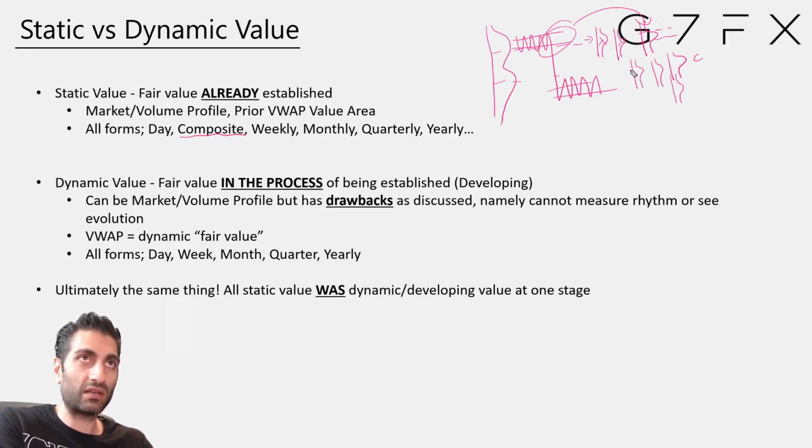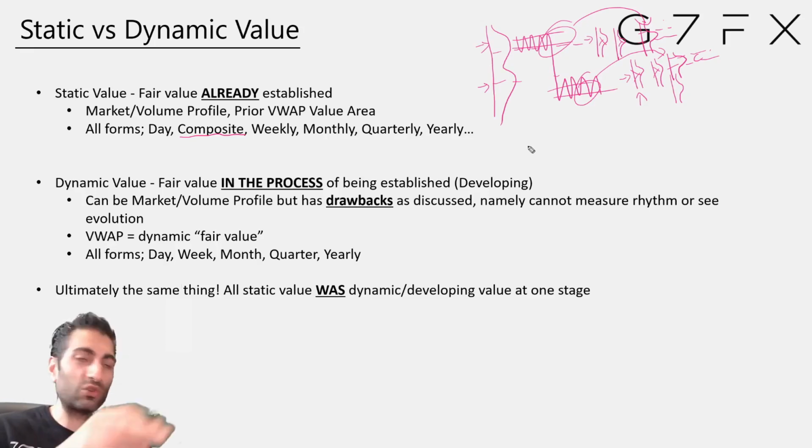So I just put C here, and we get rid of that, and that essentially is this. Can you see? So we've now got our two value areas, because that's one and that's one. That's all we're doing, and we went over this before. The reason why I'm saying this again is because just because we did that doesn't mean that this is not another form of static value. Of course it is. It's just a single day and it's closed. It's not going to change.